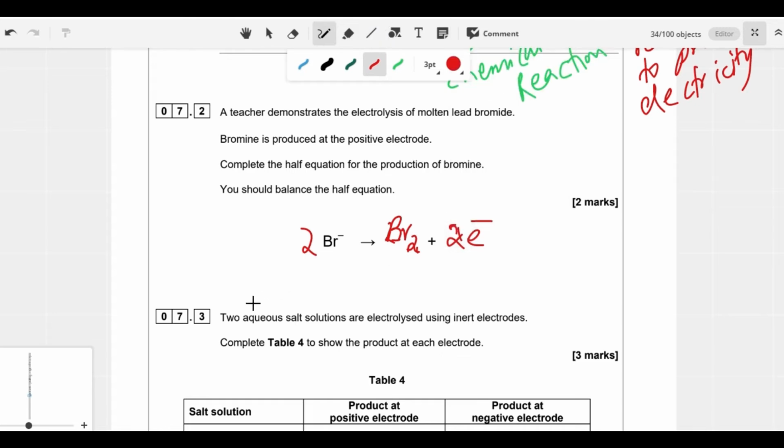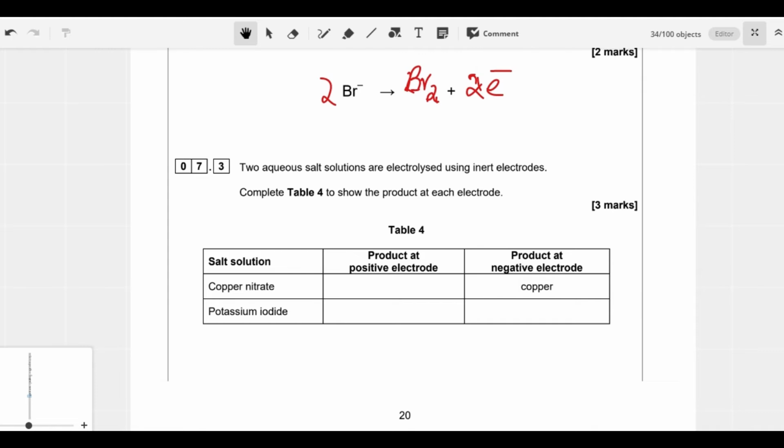Alright, the next question is about two aqueous salt solutions electrolyzed using inert electrodes. Complete Table 4 to show the products at each electrode. Remember that the salt solutions are copper nitrate and potassium iodide. Okay, and the products are: at the negative electrode, copper, and at the positive electrode, oxygen.